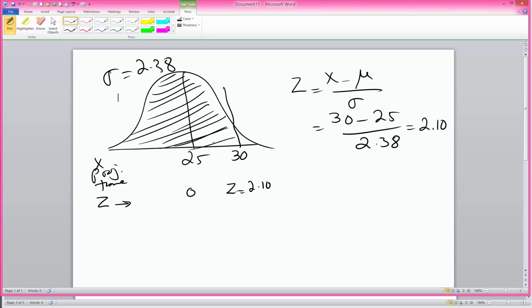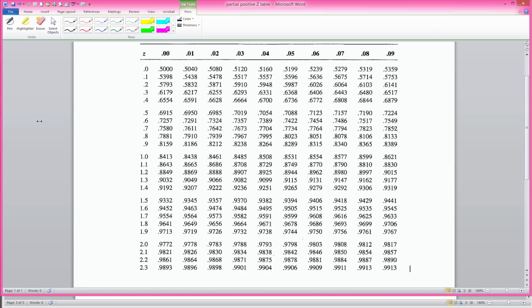Applying our standard normal table, this is a partial view of the positive z-values. We will find 2.10 to be right over here where 2.1 and 0 the second decimal are displayed.